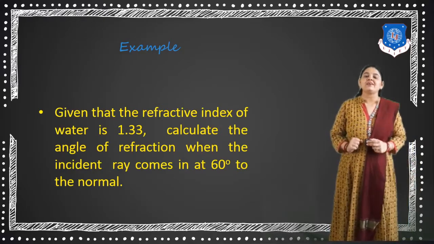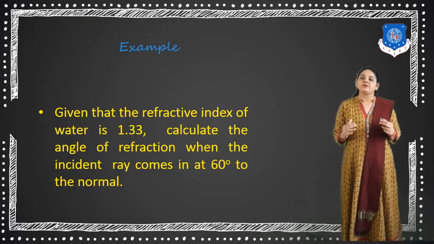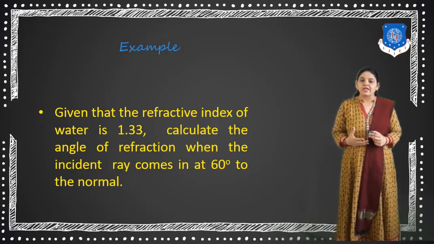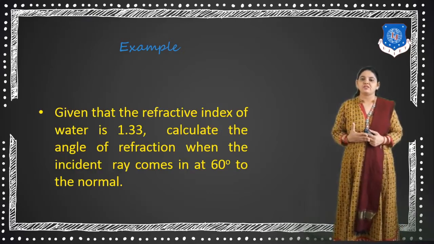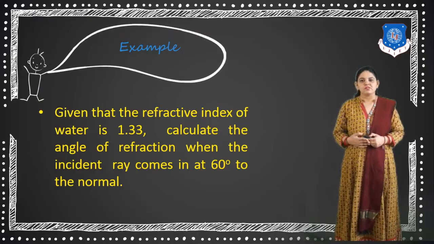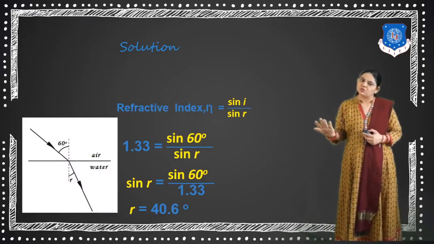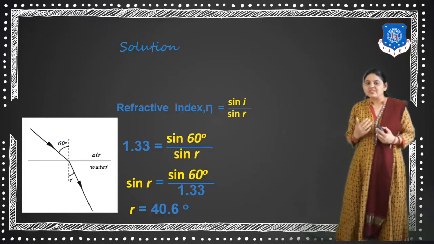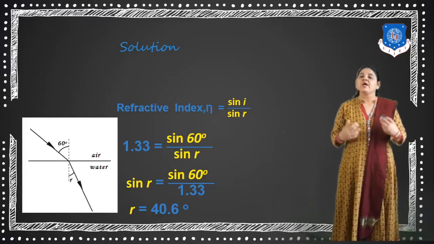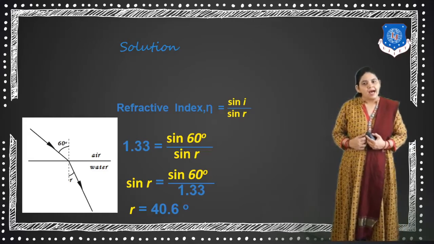Another example we'll do, write it down everyone. It is given that the refractive index of water is 1.33. Calculate the angle of refraction when the incident ray comes in at 60 degrees to the normal. Now we'll do the solution of that. What is the refractive index equation? It is eta is equal to sine i upon sine r.